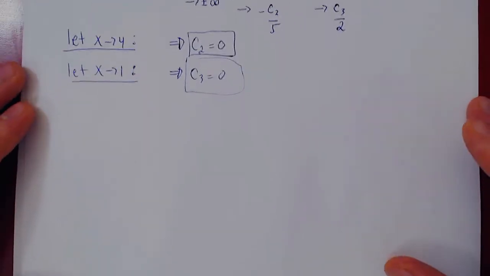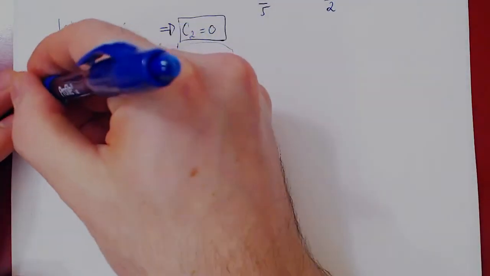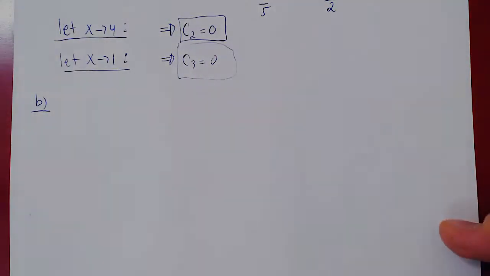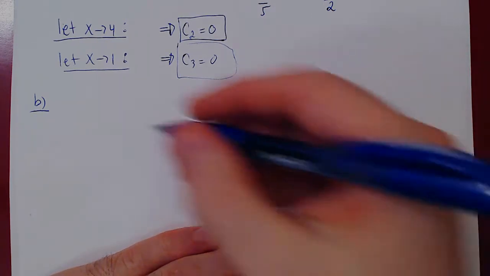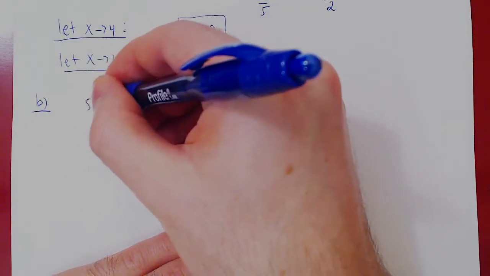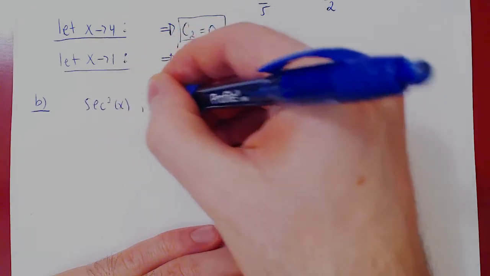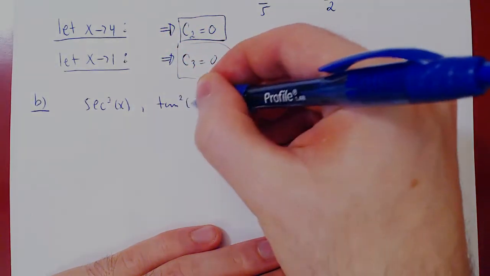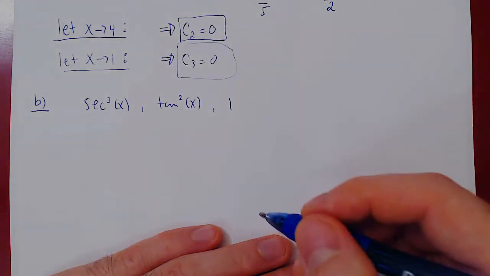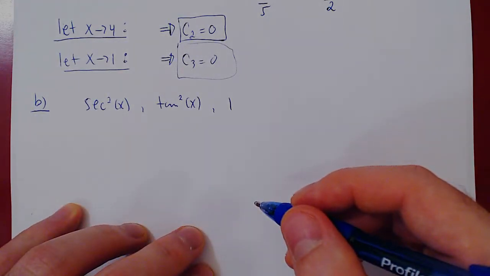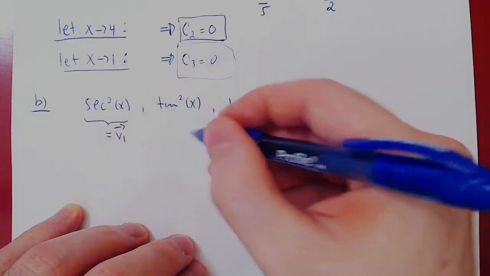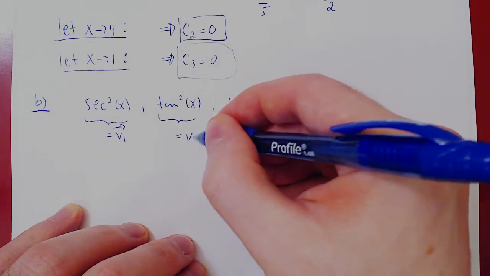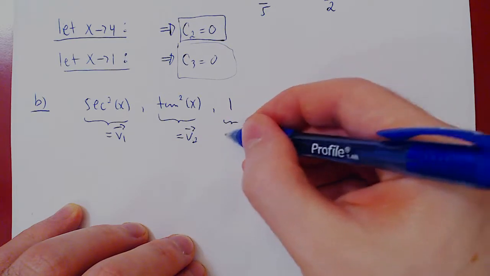Let's do two more examples. We will consider again our vector space being the space of all functions. And what if we consider trigonometric functions? Say we consider secant squared of x, tangent squared of x, and 1. So you can think of this as being the first vector of your space, v1, then this being v2, and this being v3.